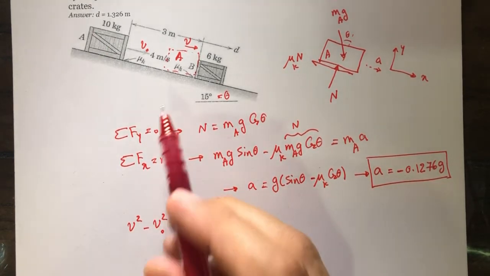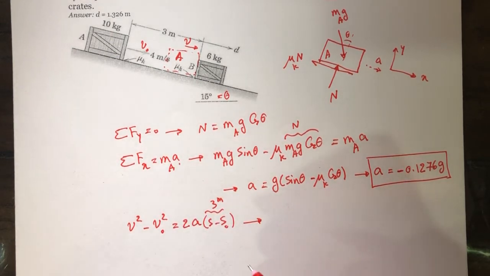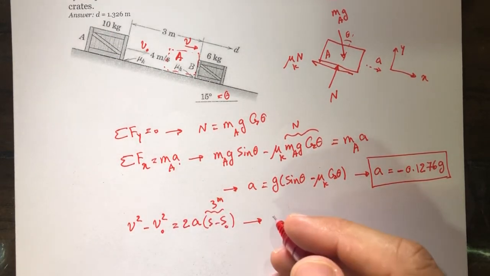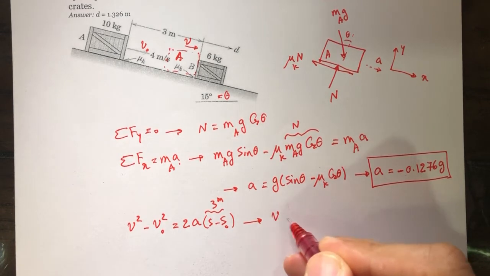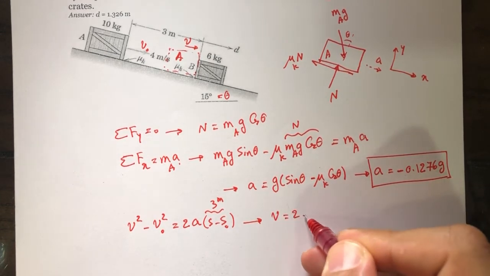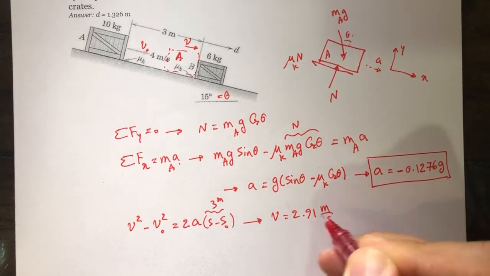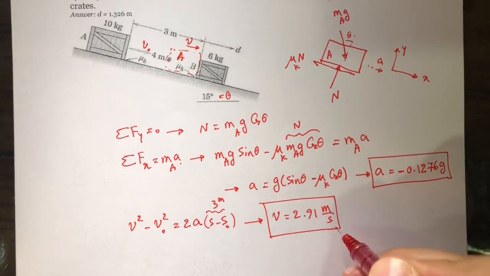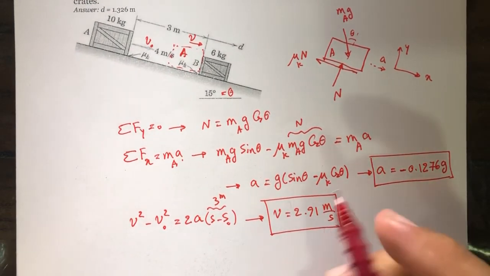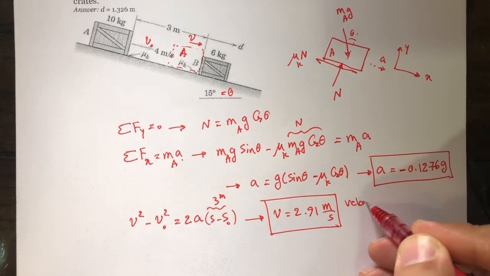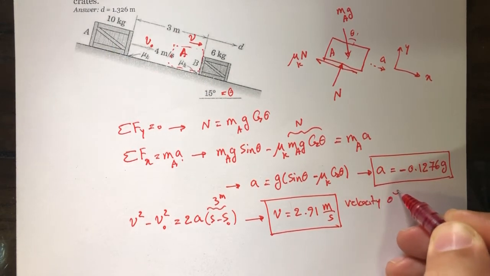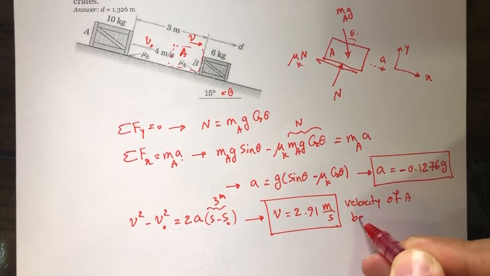Velocity at the beginning is 4, so by putting all the numbers, velocity is going to be equal to 2.91 meters per second. So this is going to be the velocity of box A before impact.